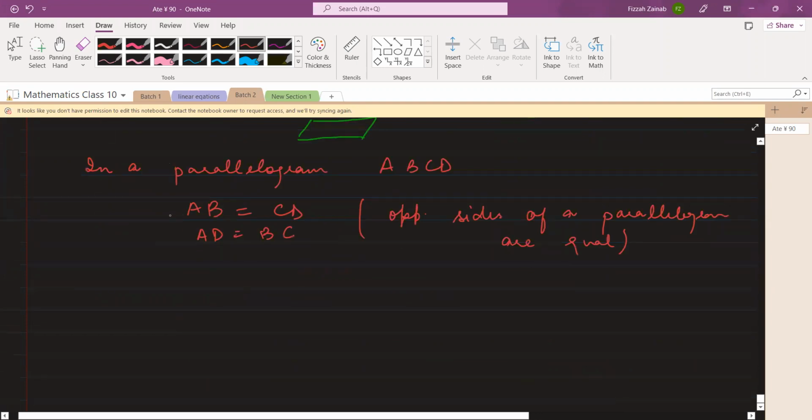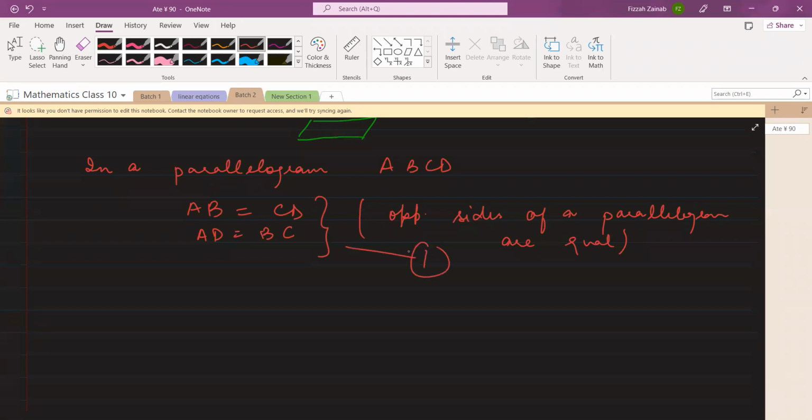So the first thing we have got, you can call it equation number 1. Now opposites are equal. Now you have to show that adjacents are also equal, and then you can combine the two, and then you will get all the four sides equal. So you can use the theorem of circle that the tangents which are drawn from an external point are equal to each other.